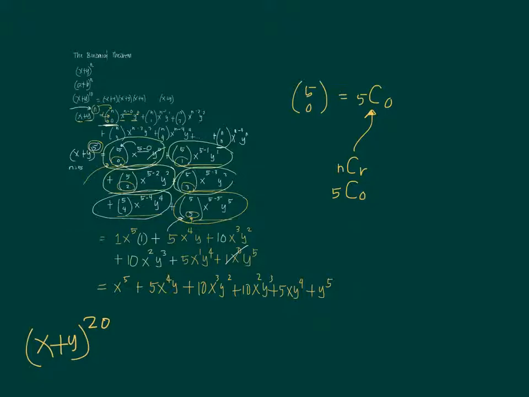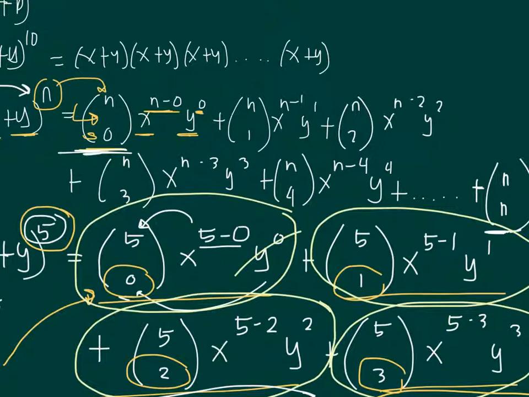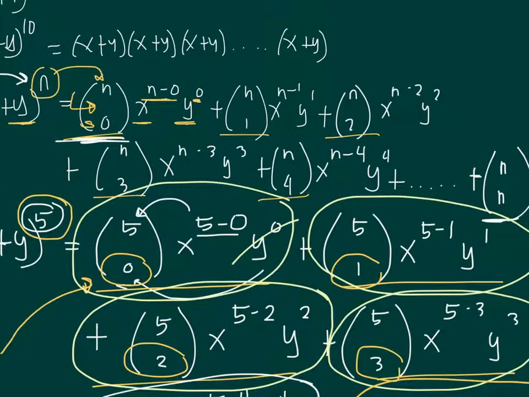For example, in this case, remember we have to start with n choose 0, and then n choose 1, and then n choose 2, until it becomes n choose 5, where the terms become the same. I think that's it. I hope you understand my explanation.